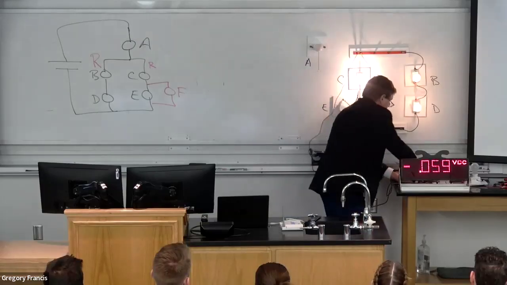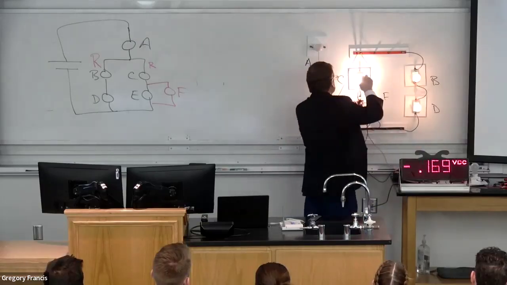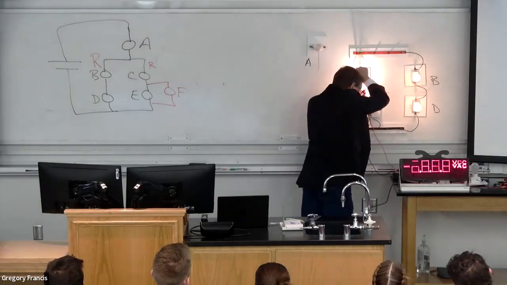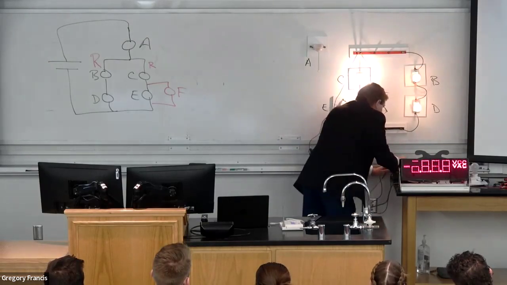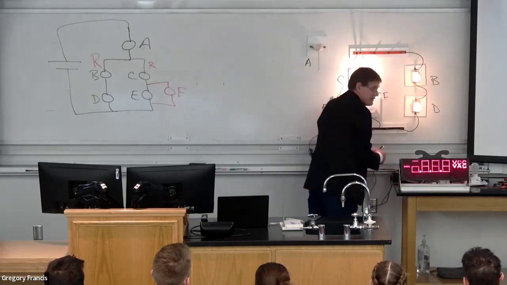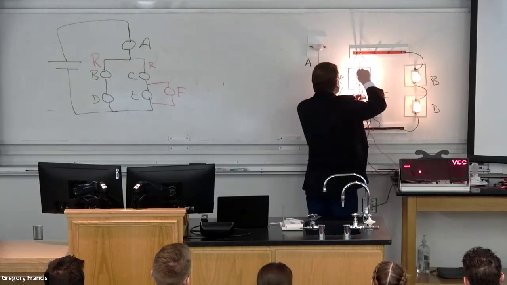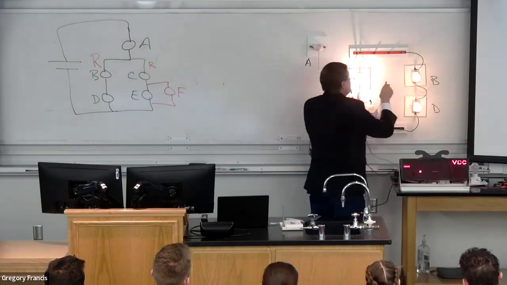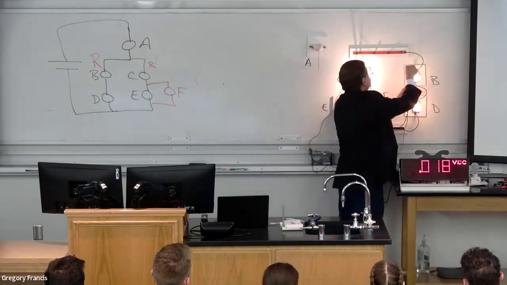And sure enough, if I measure that, the voltage across this bright bulb is 10 volts. The voltage across this one we already know is 6 volts.